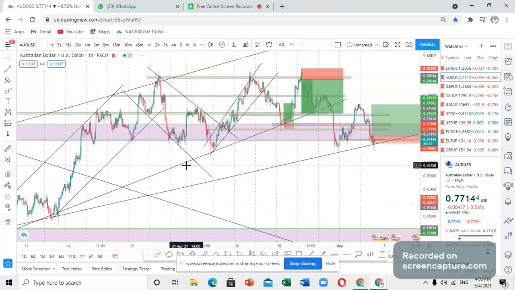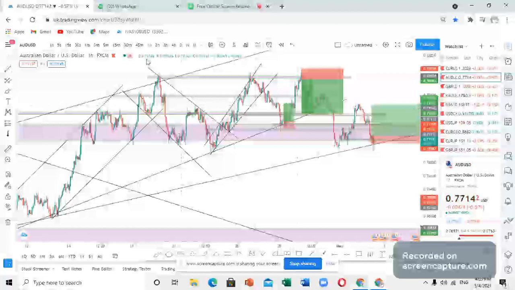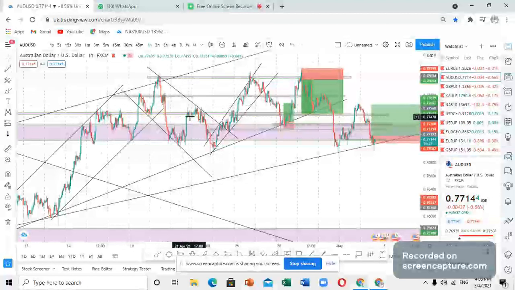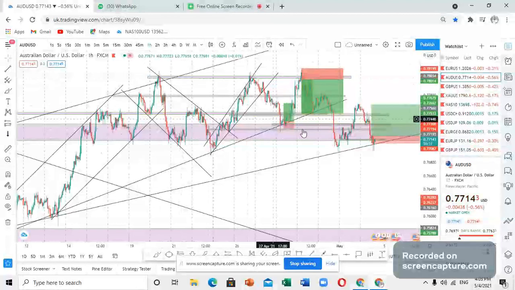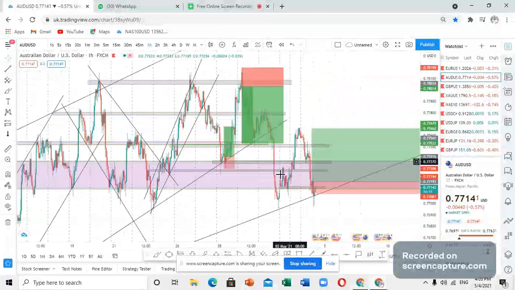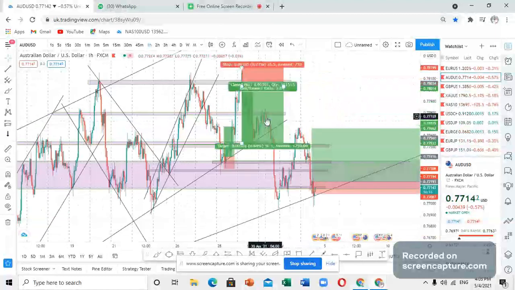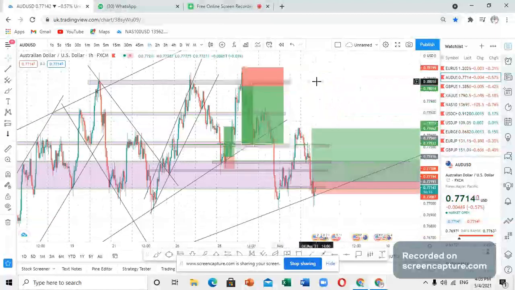So you can see this is what I was trying to say, that this is a kind of point of consolidation, because the market had been moving to the upside, but then moving to the downside again, having some retrace, trying to move to the upside, moving to the downside again, moving to the upside, then moving to the downside. So here I was able to take some profit at this point when the market was moving to the downside, but then they went further to the downside, then moved to the upside again to this point, moved to the downside again.